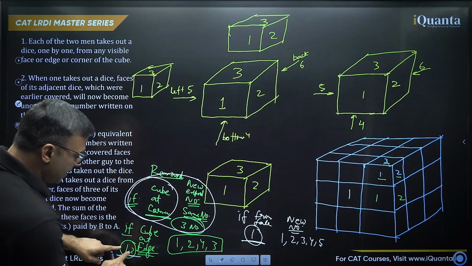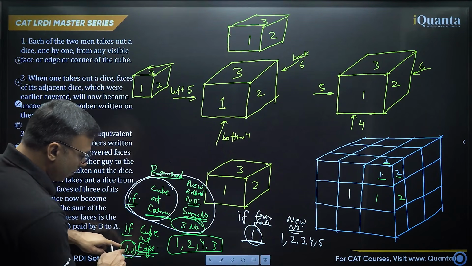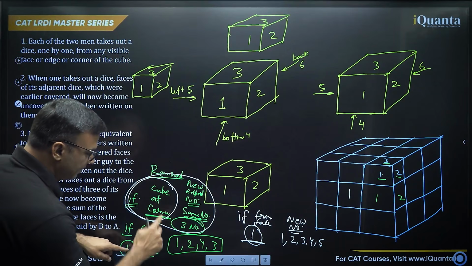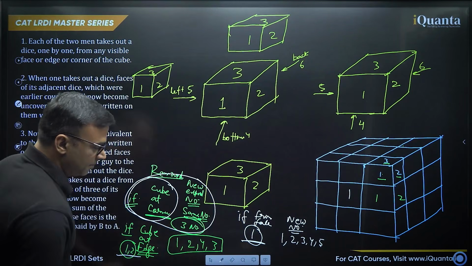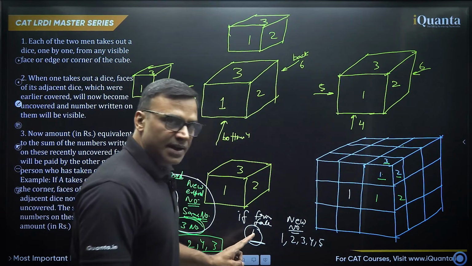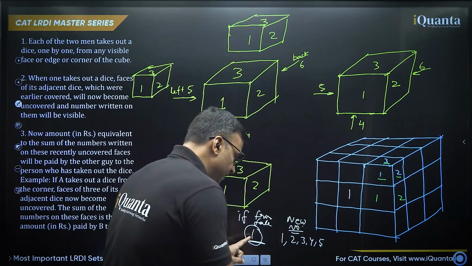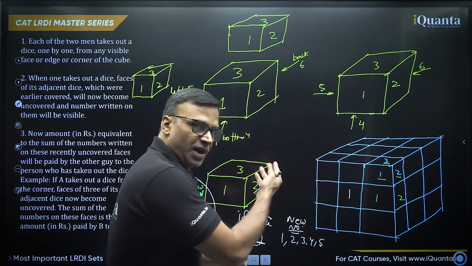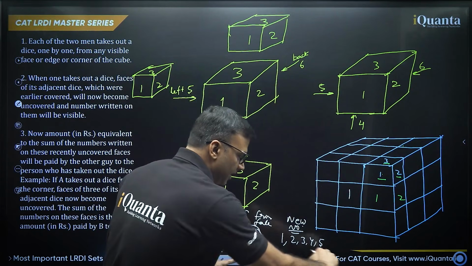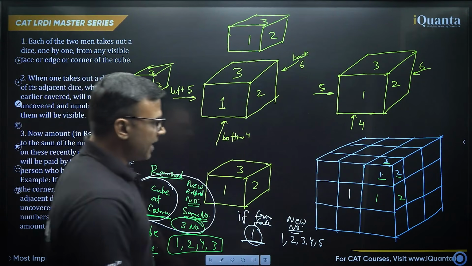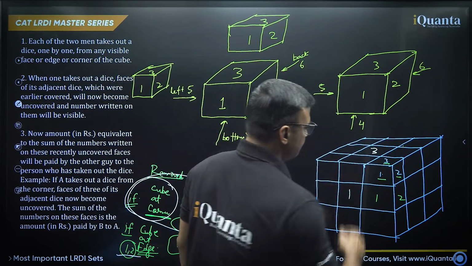So for 1 and 2, 1 and 2 is there. For 1 the pair is 6 and for 2 the pair is 5. So 6 and 5 will not come, 1, 2, 4, 3 will come. Similarly, when I have one face, it has one number, say number 1. So the new numbers will be 1 itself, and opposite to 1 usually there is 6. So that will not come, all the others will come. So if I take out something from here, the number that has 3.